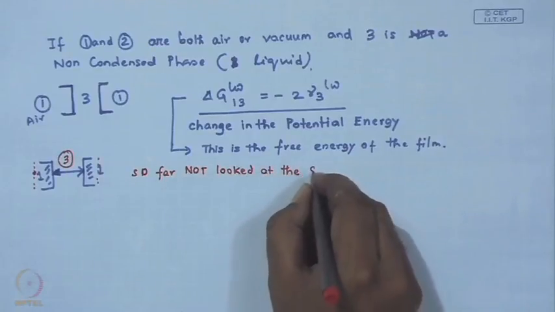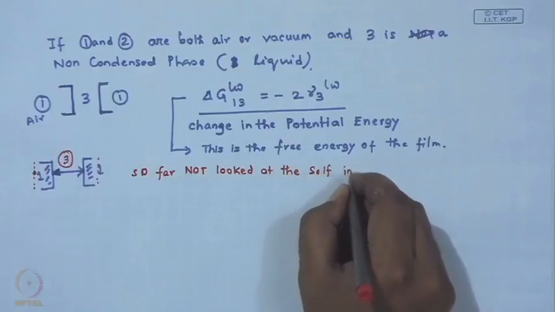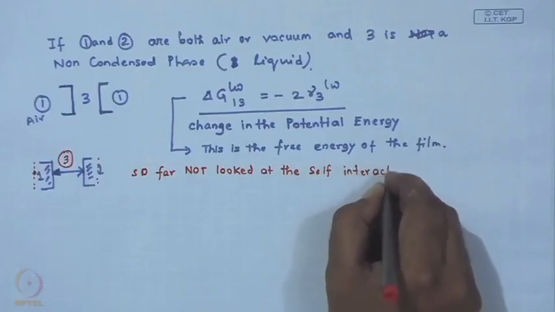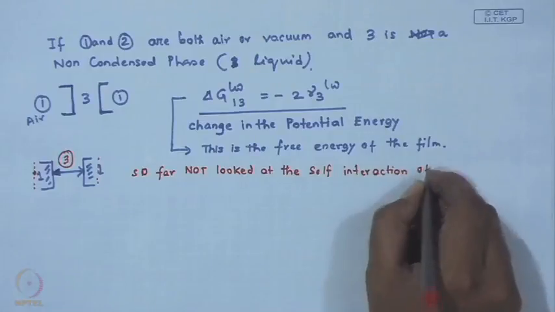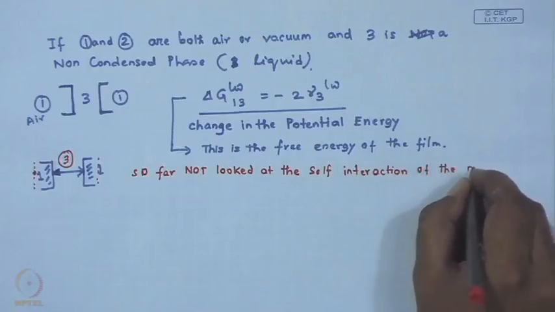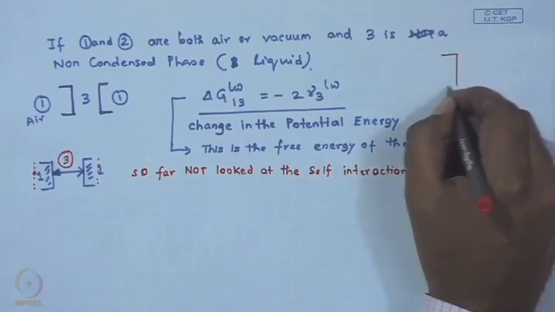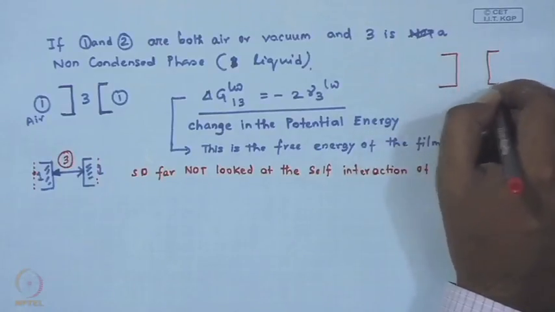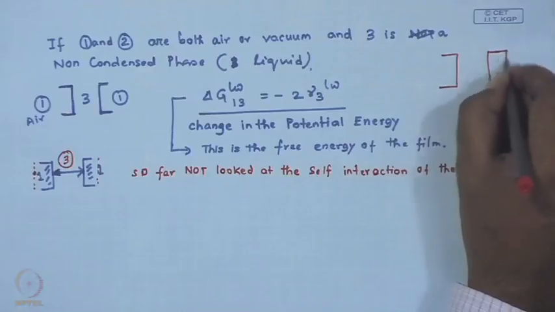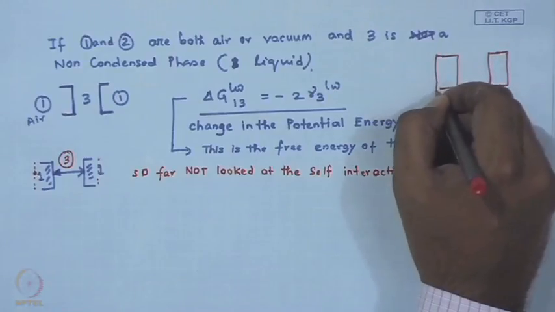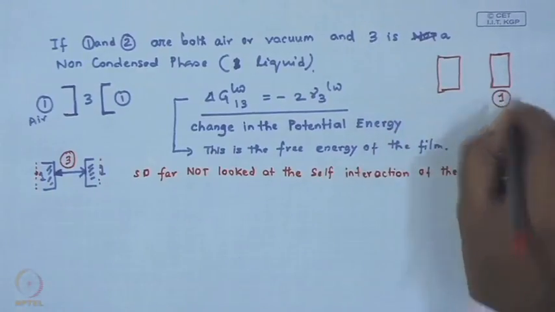the self interaction of the molecules. That is, to put it in simple terms, we have taken two blocks. We go back to the previous derivation, which we have understood in great detail.